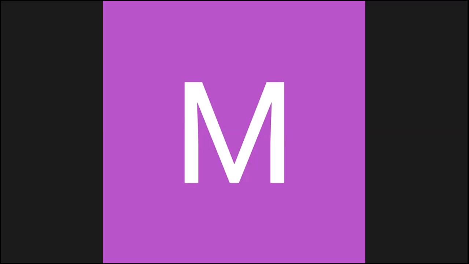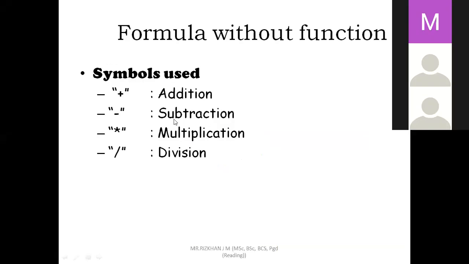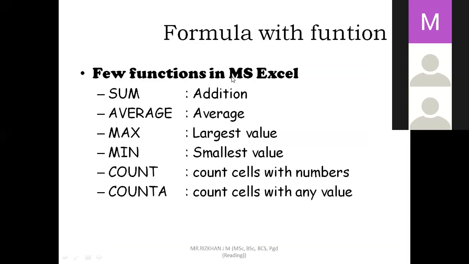Now again, I'm going to show my PowerPoint slide. We studied formula without function. Now next one, formula with function. So there are two types of formulas. Now formula with function.